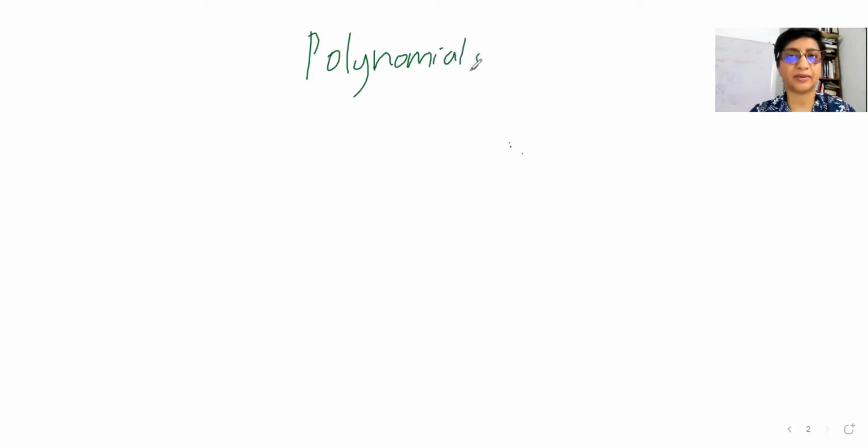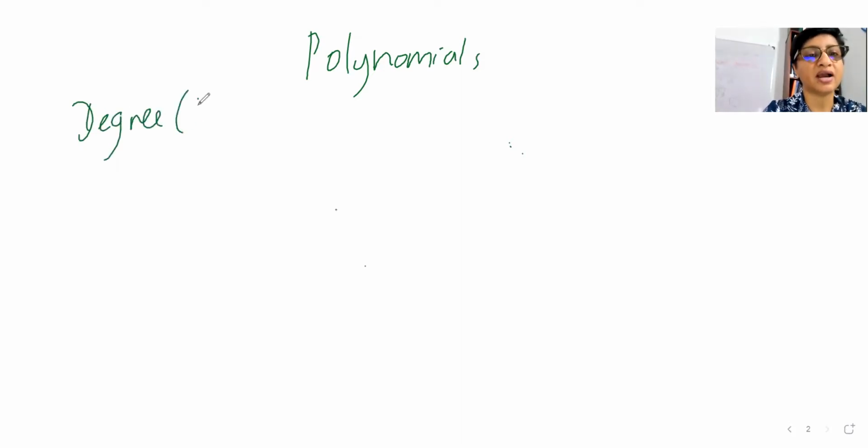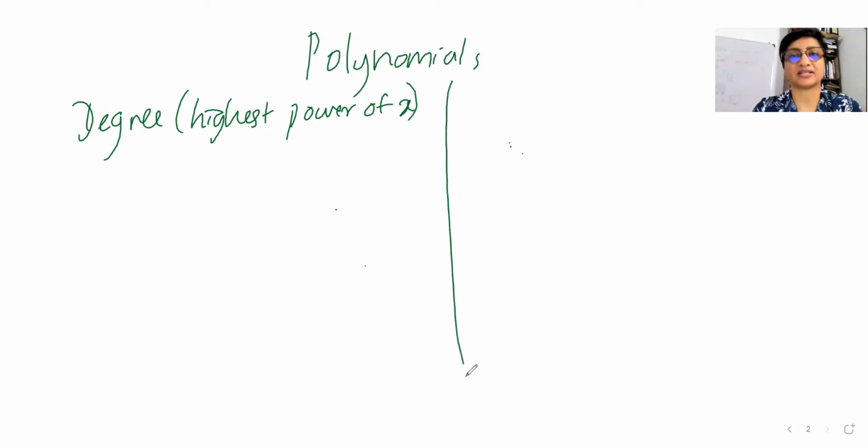When you have polynomials, one way in which they can be given names is by thinking about the degree. That's what I just talked about. What do you mean by degree? Highest power of x. That's one way that you can categorize or label polynomials.